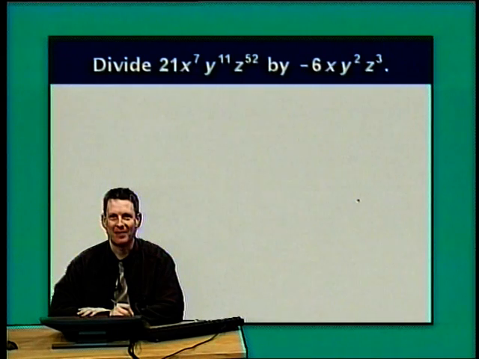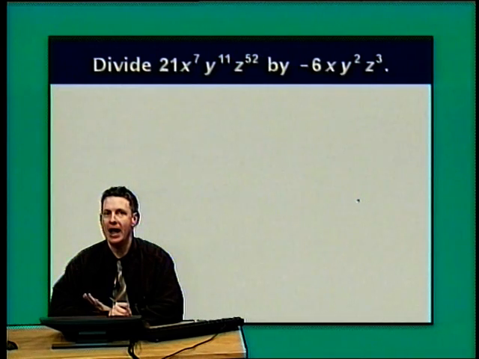Let's do another problem. Let's divide 21x to the 7th, y to the 11th, z to the 52nd by negative 6x, y squared, z cubed. We could use a division symbol to indicate that we're going to perform this division, but in algebra it's much, much simpler if you indicate division with a fraction bar, because we have several rules of algebra that apply to fractions.